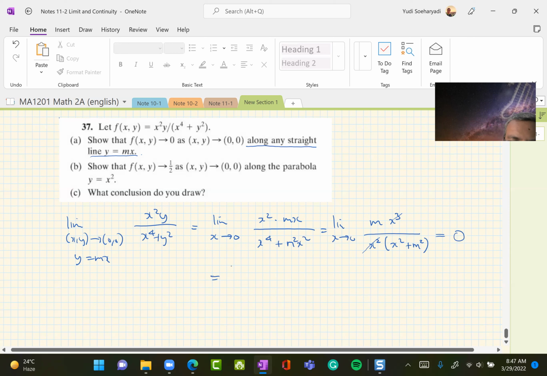Equals this limit. Just write this down. mx over... okay, so this goes to 0, but this goes to m squared. So this is it.